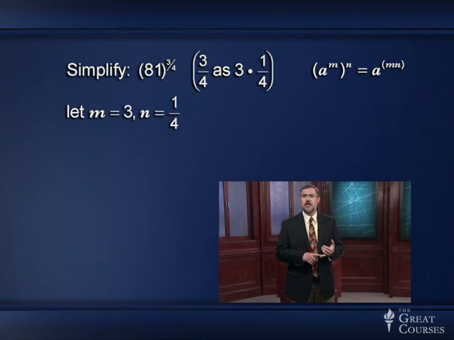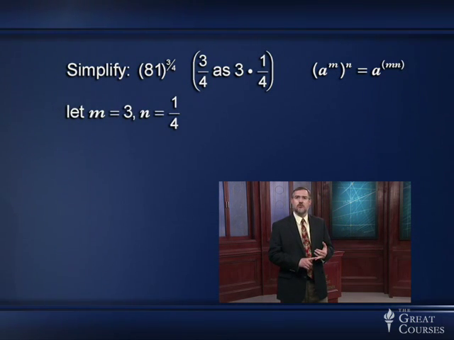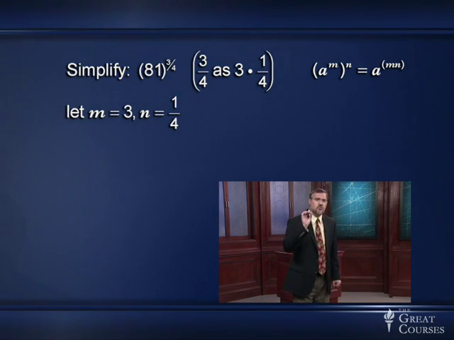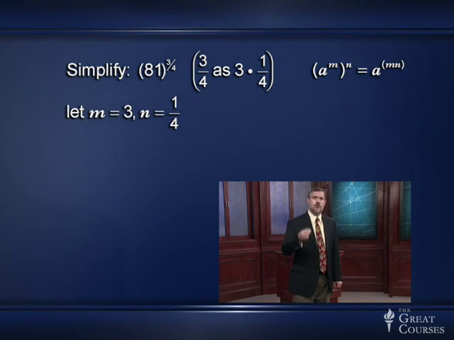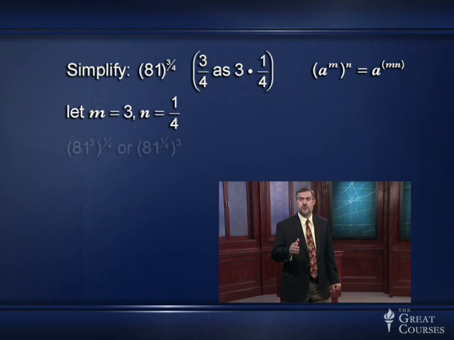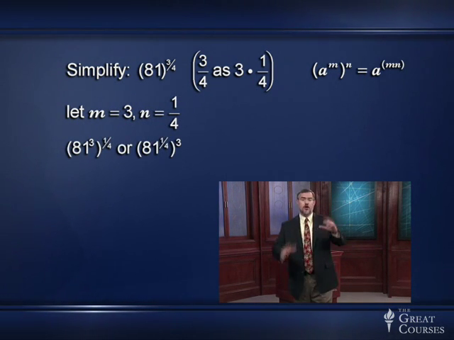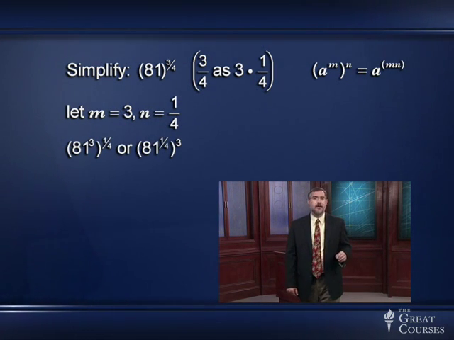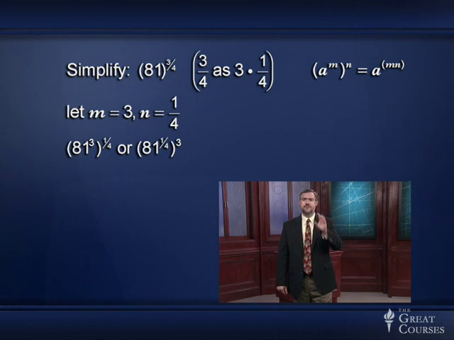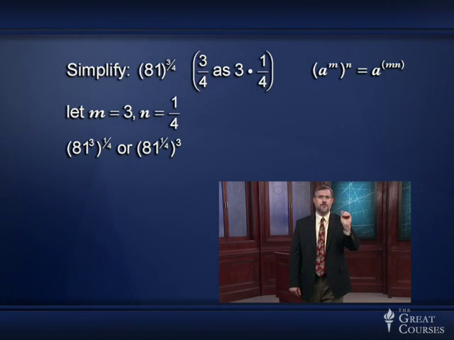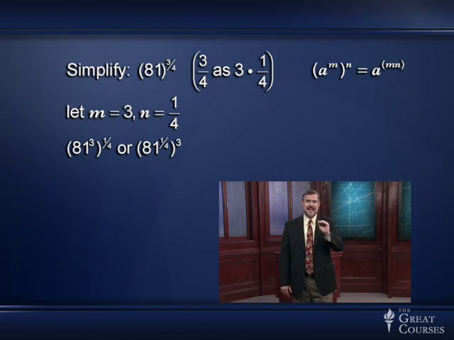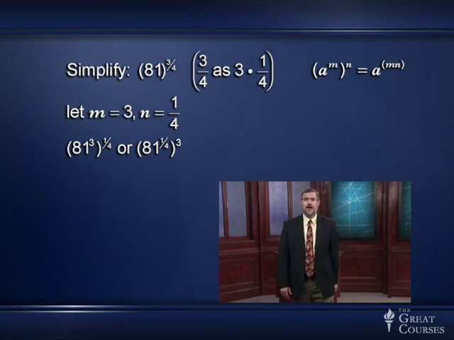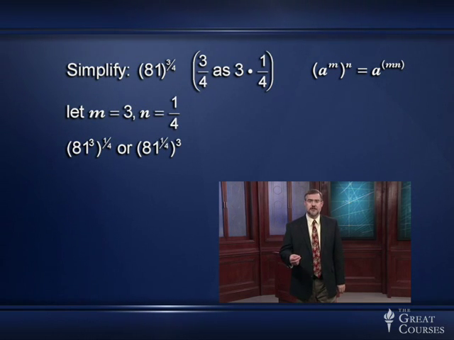I can let m equal 3 and let n equal 1/4, and then I can rewrite the original problem in two very different ways. 81 to the 3/4 is equal to 81 cubed, all raised to the 1/4, and it's also equal to 81 raised to the 1/4, all cubed. Both of those are exactly equal to the original problem, and they're both perfectly legitimate.